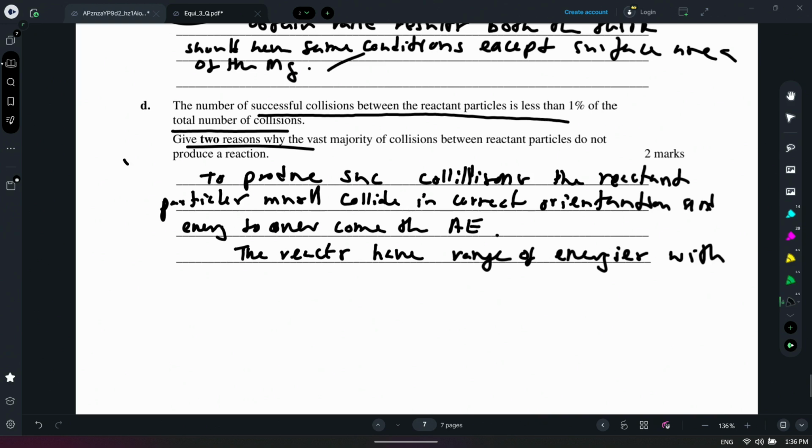In the previous answer we said the condition that needs to be satisfied, but then you have to say why it's only a small fraction. That's what we are explaining in the second point. The reactants have a range of energy with only a small fraction having the energy required.